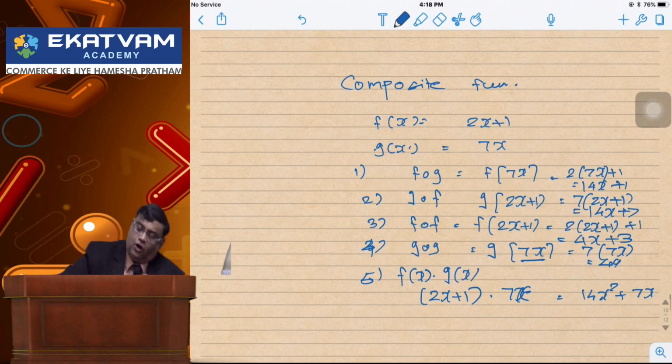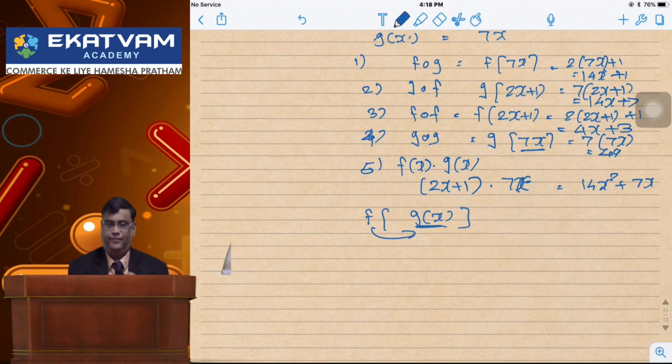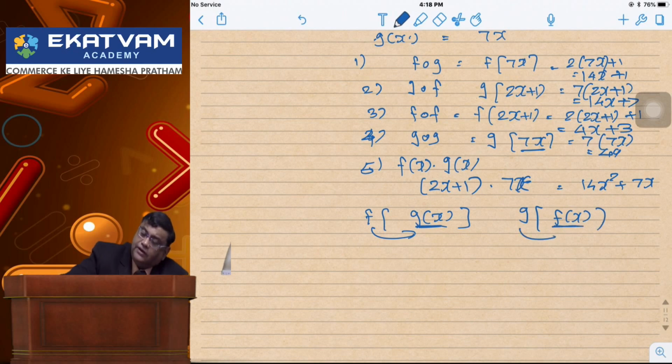So if you want f(g(x)), first you write the value of g(x) and then f of that. And when you want g(f(x)), first you write the value of f(x) and then g of that. Is that clear?